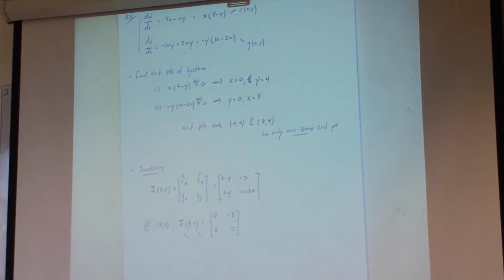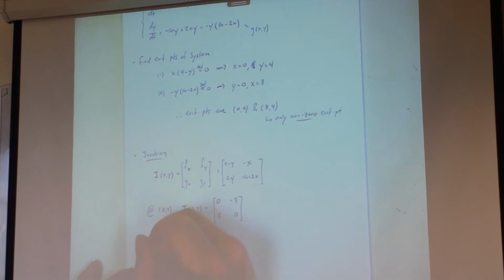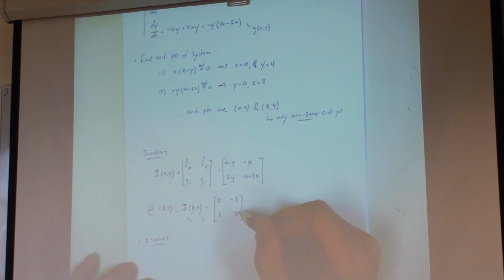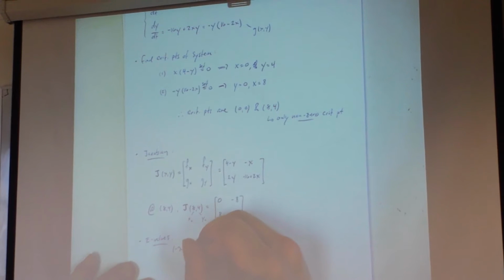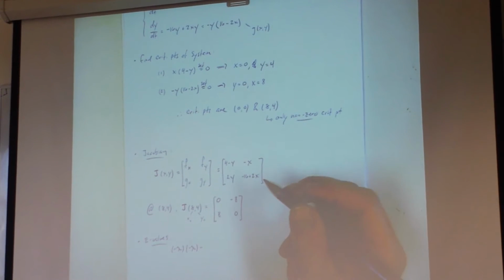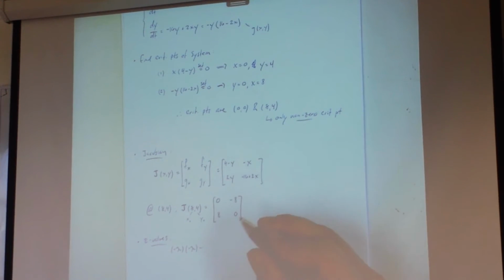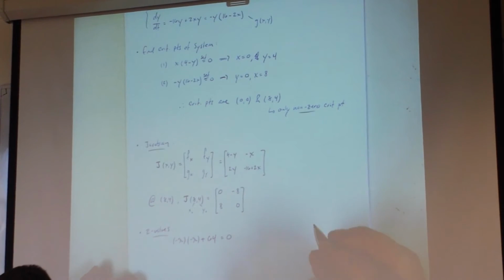All right, let's find the eigenvalues of this Jacobian. This is nice. It's just going to be 0 minus lambda, so that's negative lambda, 0 minus lambda on that diagonal, minus negative 64, right? So it's plus 64. Equals 0.